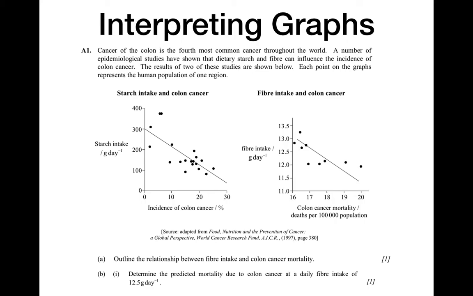So as fiber intake increases, colon cancer mortality decreases. And then determine the predicted mortality due to colon cancer at a daily fiber intake of 12.5 grams per day. So at 12.5, what's my colon cancer mortality? About 16.5%.